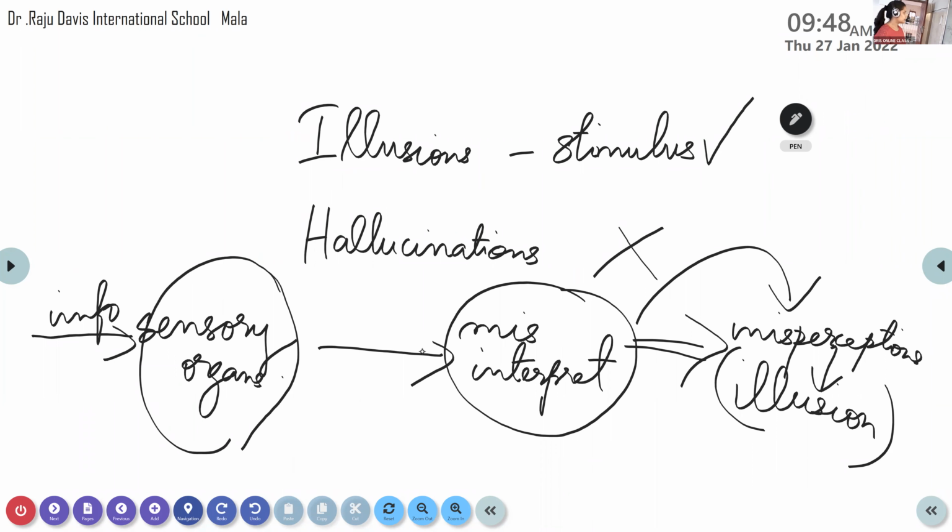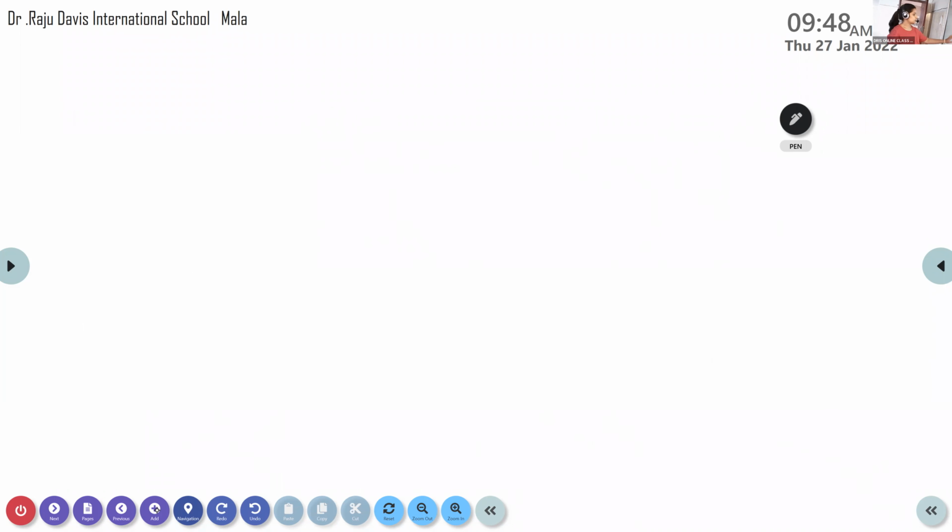Okay. So the illusions which are commonly experienced by most of the people, what are they called? Universal illusions. And the illusions which are specifically experienced by certain people, what are they called?